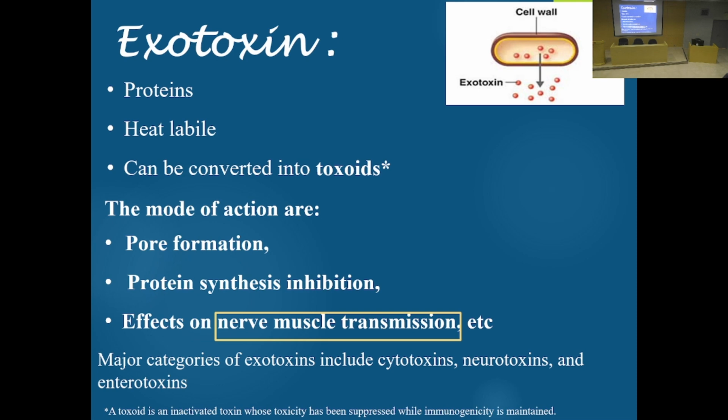They can cause pores in the host cells, inhibit protein synthesis, and they can also have effects on nerves and muscles. Depending upon their site of action, they can be called cytotoxins. If they are working on nerves, they are called neurotoxins.